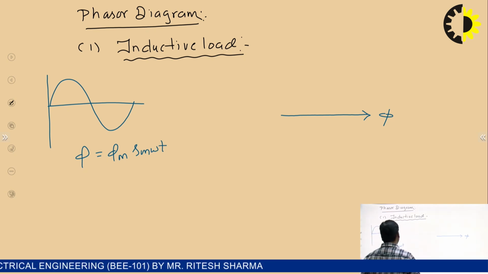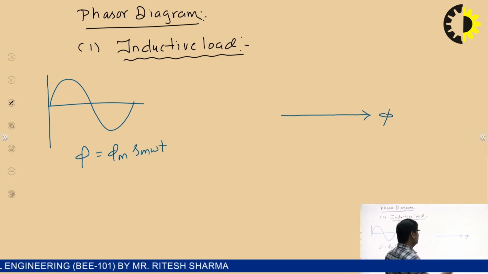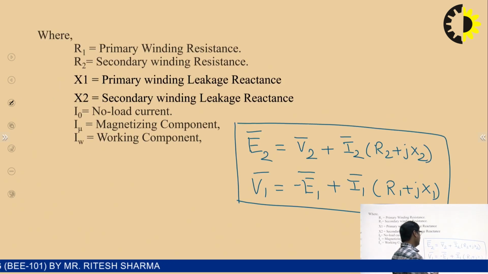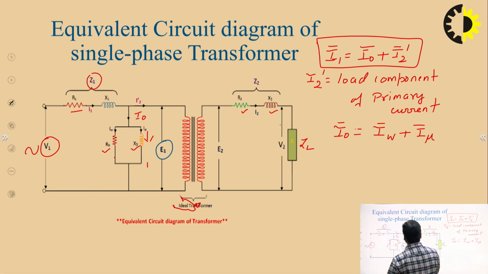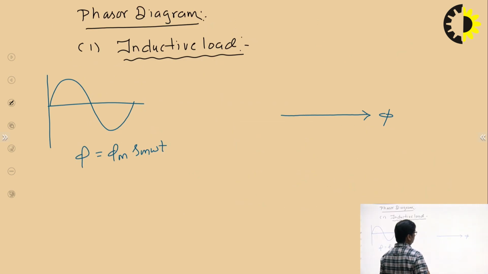It means the phasor of flux is at zero angle, so we have taken this flux as a reference. Also we know that the induced EMFs E1 and E2 will lag this flux by 90 degrees.